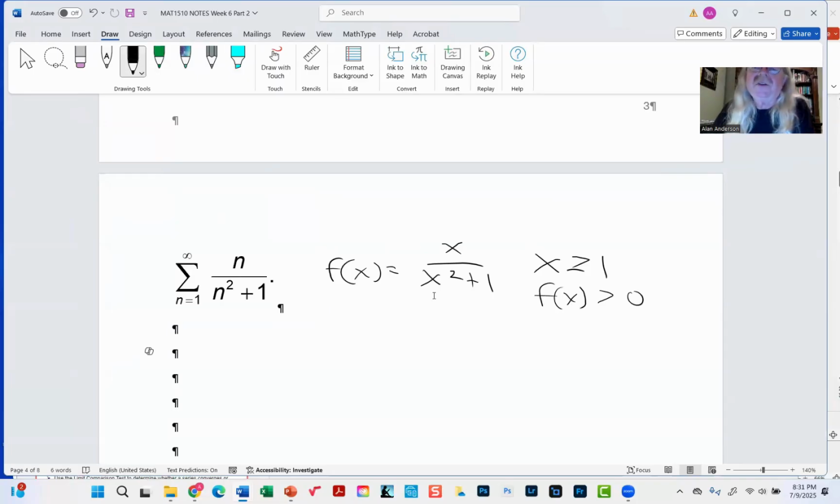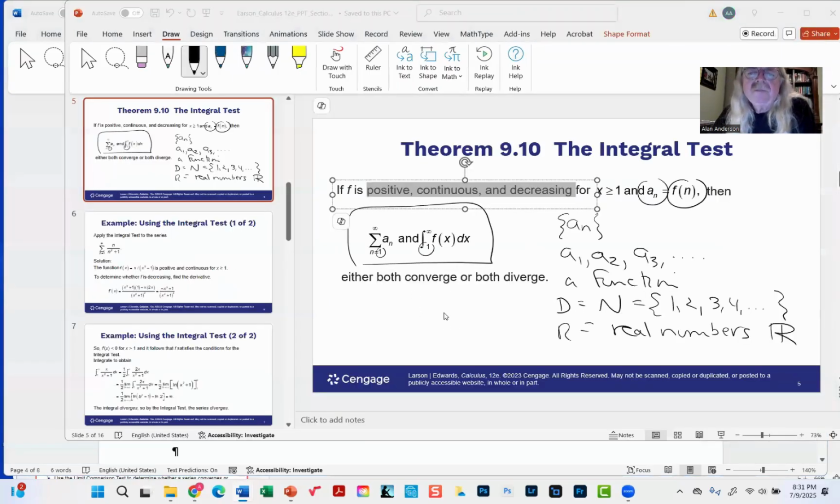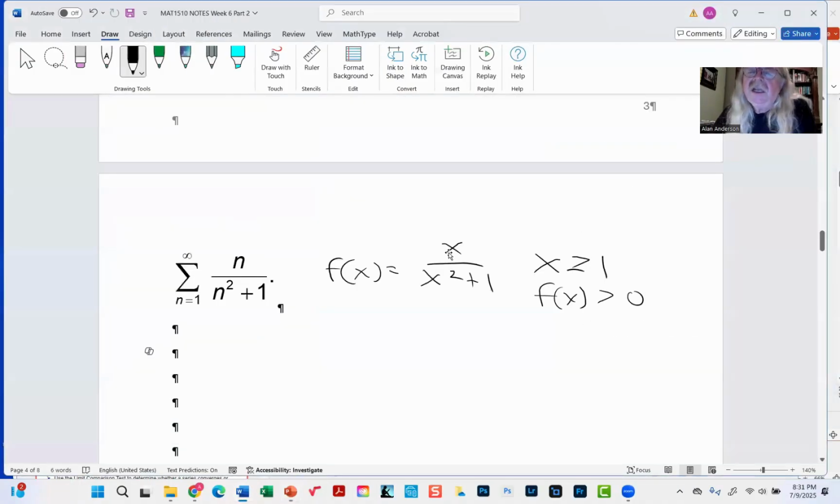It can't be negative because of the way the function is defined. Now, continuous: you can see that it's continuous. It's a rational function, and there's no value of x which would lead to division by 0 or any problems like that.